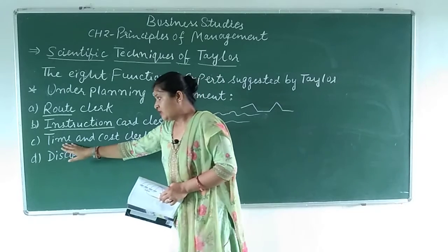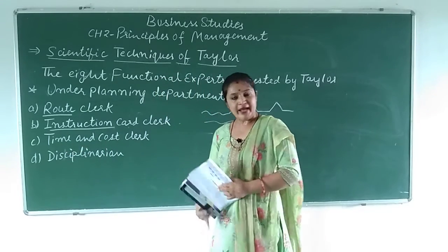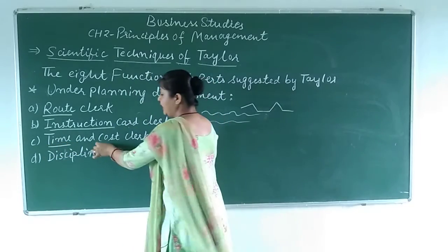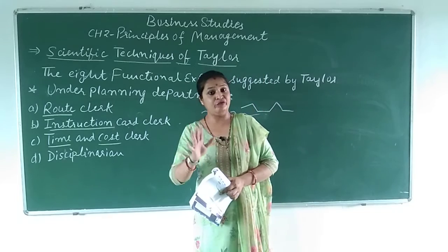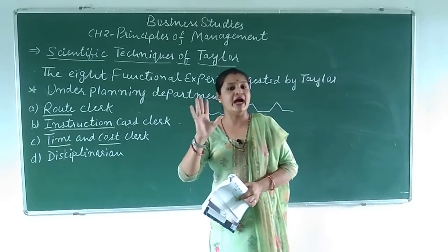Now the third one is time and cost clerk, right. Time and cost means it is related to time and it is related to cost. Here this foreman will see that the work should be done in time.